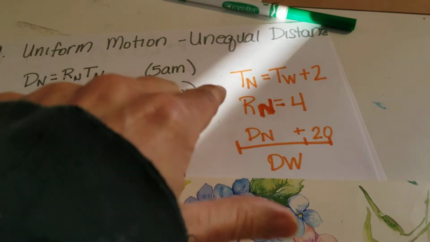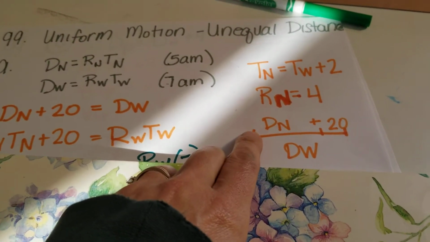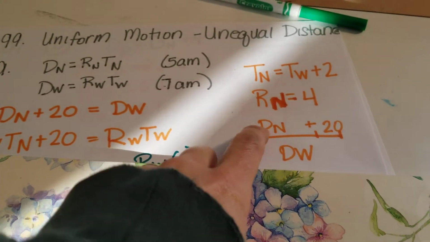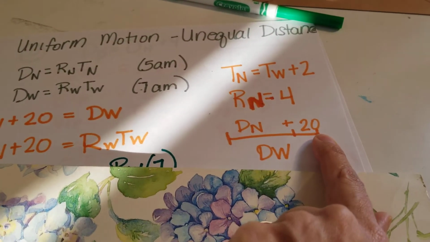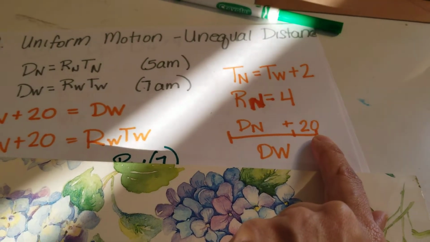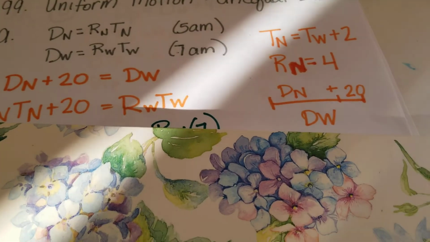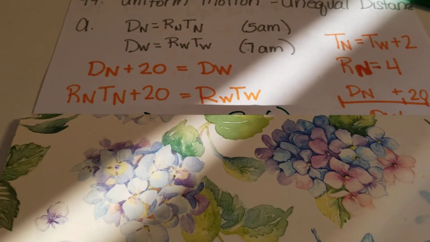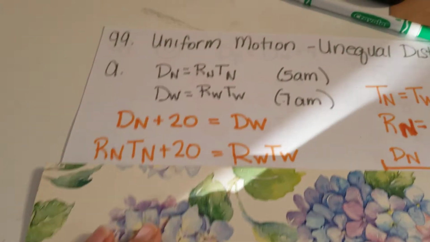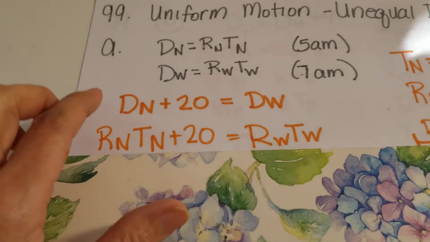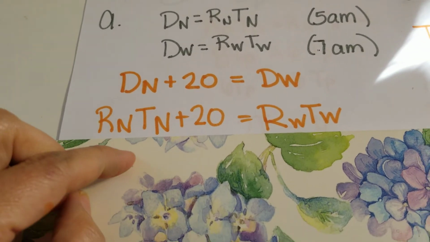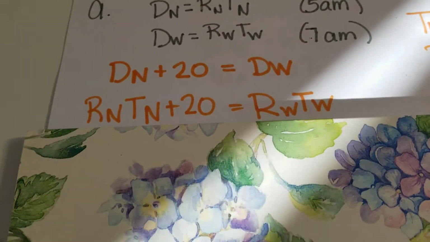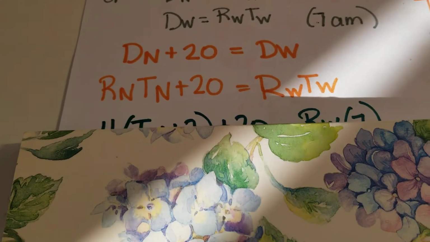This guy starts, Wellington speeds past him, passes him up, and then down here at the end, he's 20 kilometers ahead of Napoleon. So that's what that drawing's supposed to do. Sometimes my drawings are more confusing than helpful, so you don't have to do that if it's unhelpful. Then over here in orange, I wrote distance of Napoleon plus 20 equals distance of Wellington. And then I substituted: R of n, T of n plus 20 equals R of W, T of W.